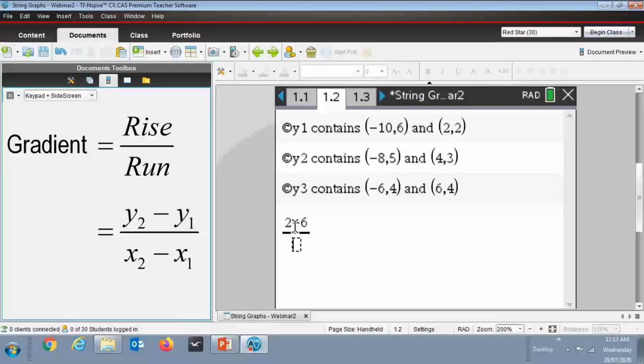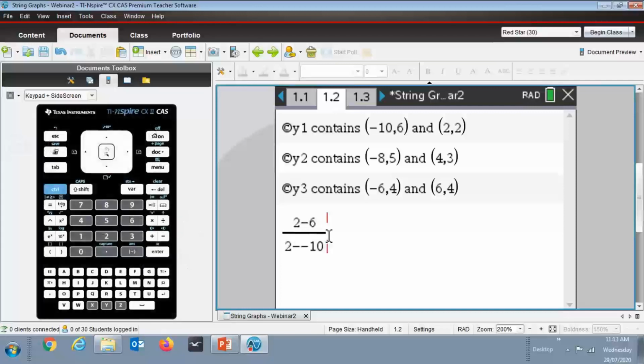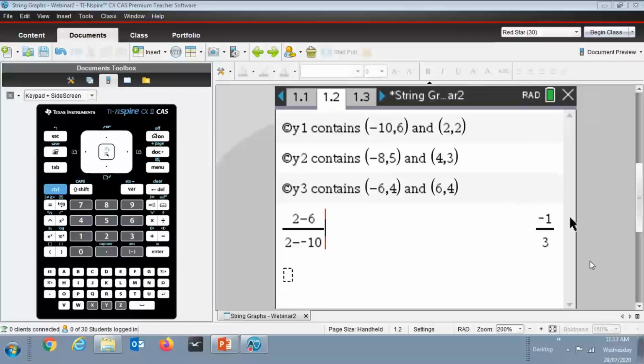And then down here, we're going to put the subtracting the x-coordinates, so that's going to be 2 minus a -10. That's the gradient of the first point. Now, you might be able to do that calculation in your head, certainly, but we do come up with -1/3. Later on, we're going to be changing that to a denominator of 6. And we'll see the reasons for doing that in a minute. But anyway, that's the gradient for line y1.